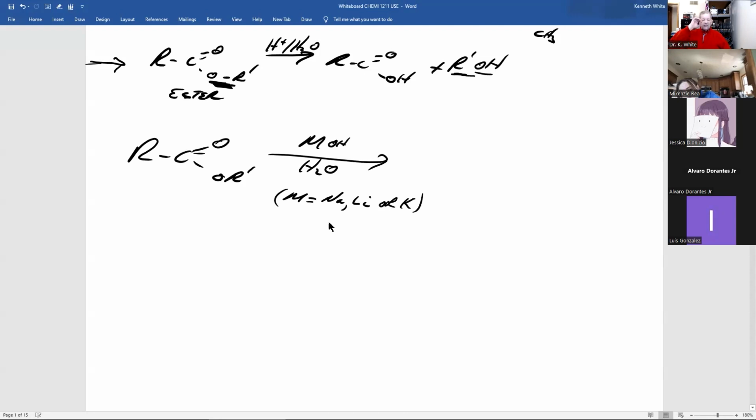And if you take a base, hydroxide base, MOH, you can use other bases, but for this class, let's stick to either M is sodium, lithium, or potassium, water. And what you'll get is not the carboxylic acid. You'll get the carboxylate anion of the carboxylic acid you would have used to make that ester plus the alcohol.